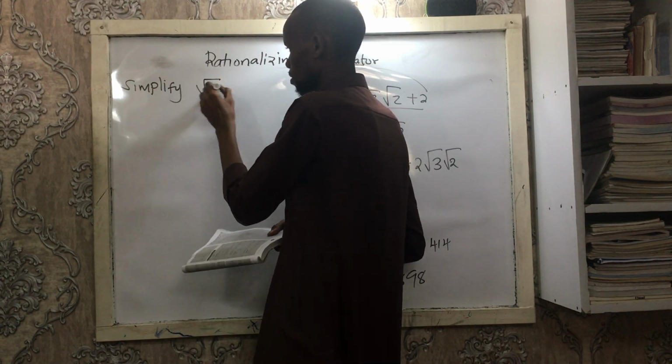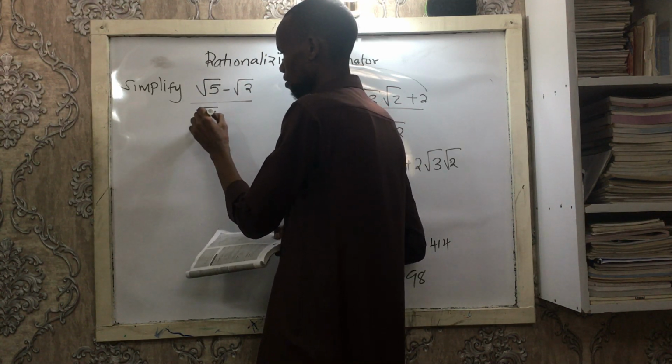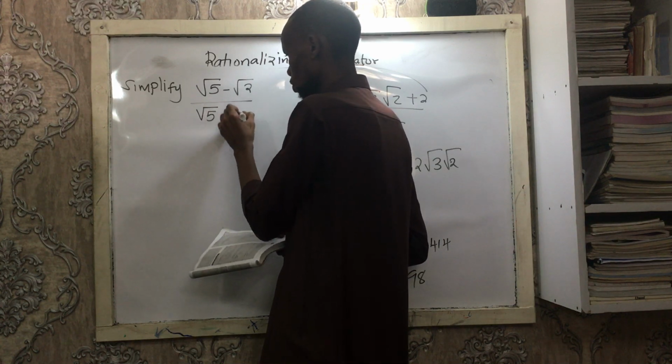Root 5 minus root 2 over root 5 plus root 2.